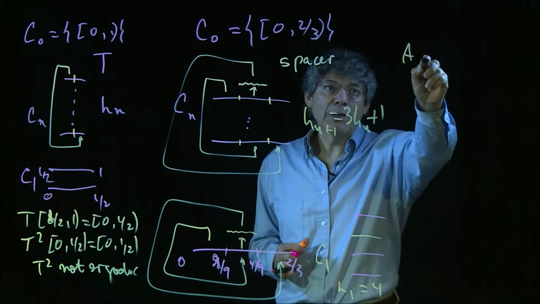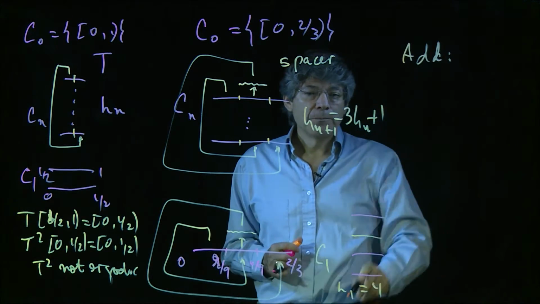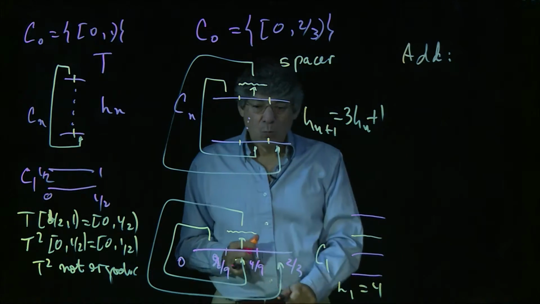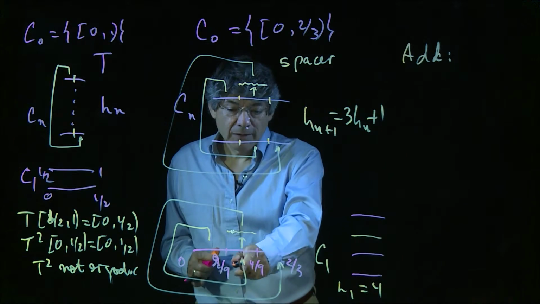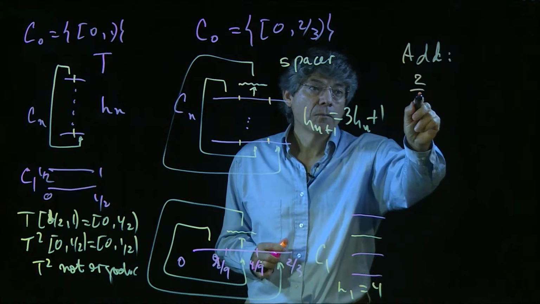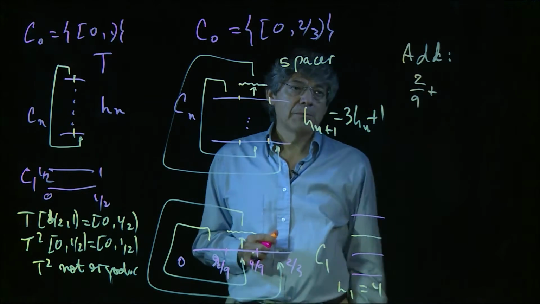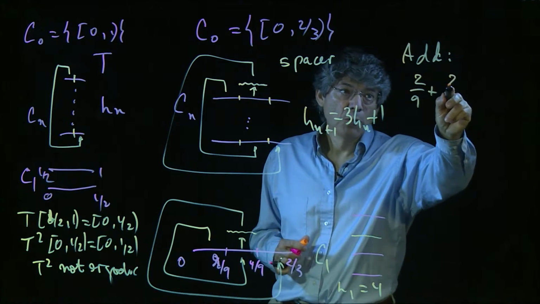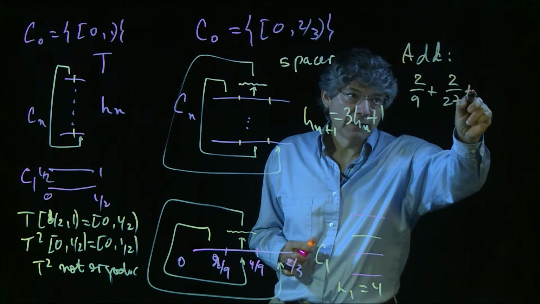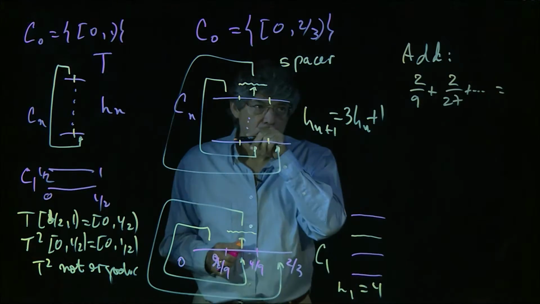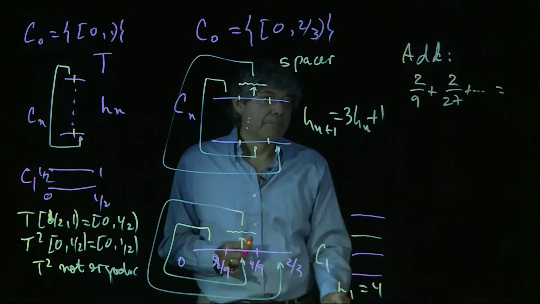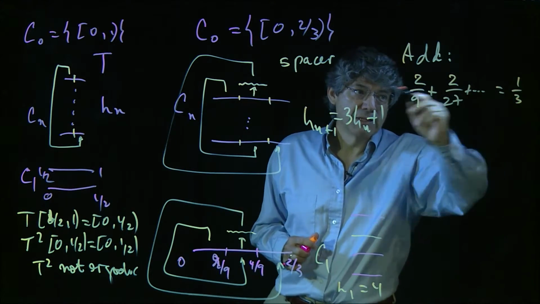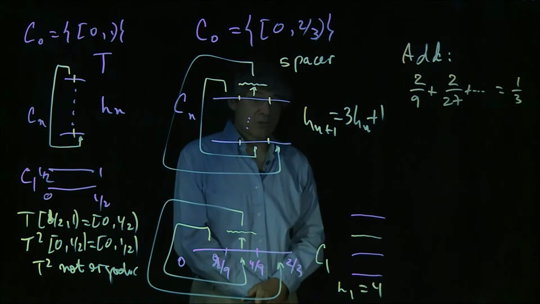What do we add? The first time we add something of length 2/9. The second time we add something that is a third of this, 2/27, plus that. And one can easily calculate that that sum will sum to 1/3. It's a geometric sum that sums to a third.